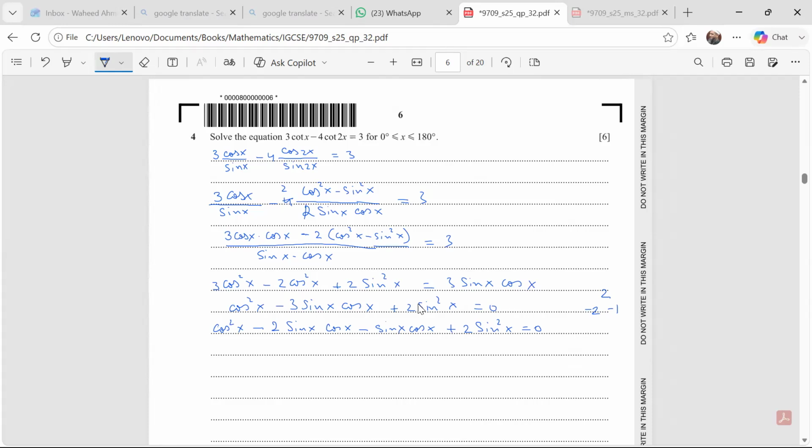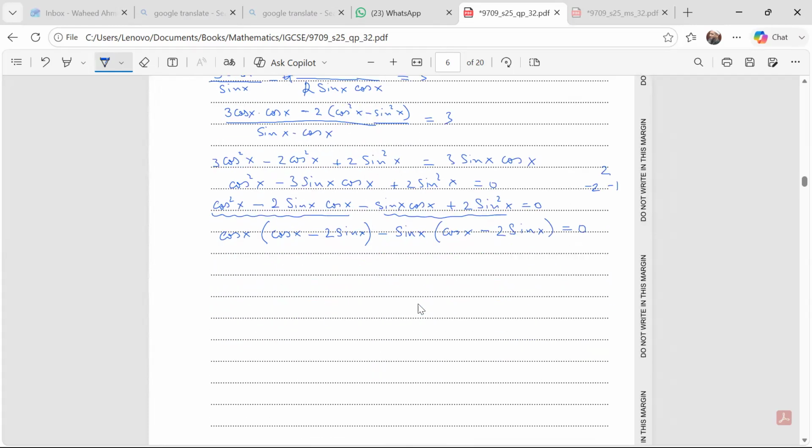Now from these first two terms, I can take cos x common outside. Inside will be cos x minus 2 sine x. Am I right? Similarly, from these two terms, I can take minus sine x common outside. So it will become again cos x minus 2 sine x equals 0.